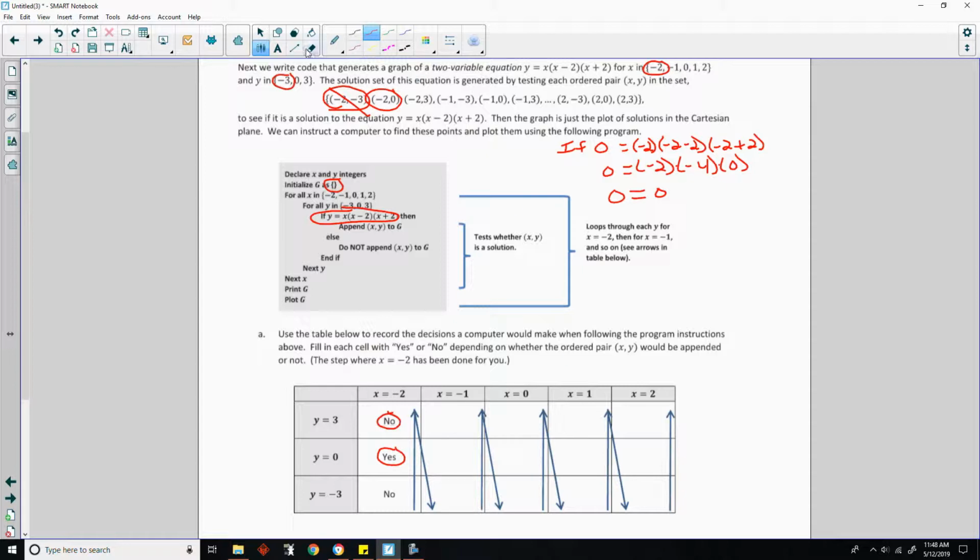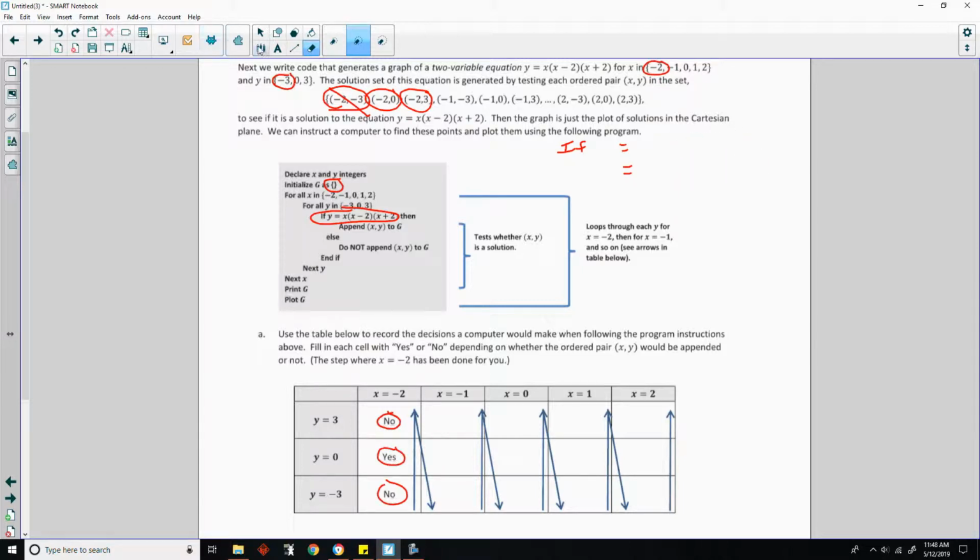And then they're going to ask you to try the same x and see if you get a positive 3 with that negative 2. Well, obviously it can't be 3 and 0, so that is a no. And we're going to continue in this fashion. It may take a few minutes, but that's okay. So now I'm just going to use this area right here and just change the values. I only have to do the right side once for each of these numbers.